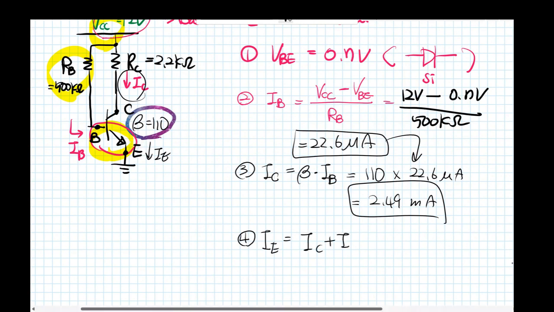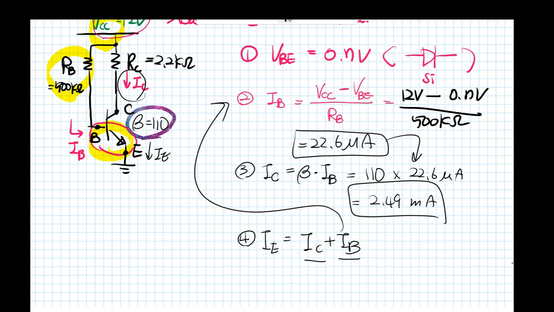So the I sub C, we have already calculated from question three, and I sub B we calculated from question two. So that one is the summation, 2.5 milliamp. Okay.